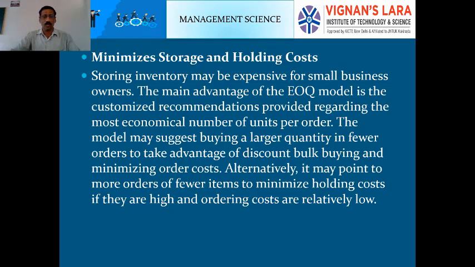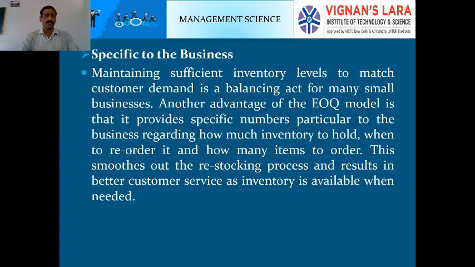Alternatively, it may point to more orders of fewer units to minimize holding costs if they are high and the ordering costs are relatively low. So, whenever you are purchasing a bulk quantity of material with reference to need, you will get some discounts or minimized holding costs.